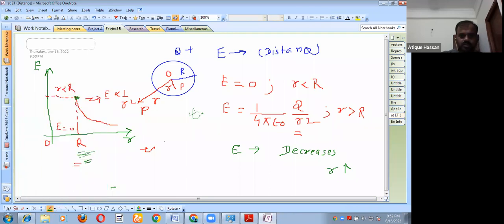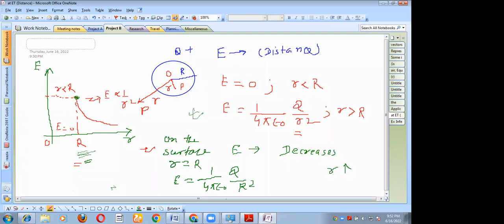On the surface, r equal to capital R, E will be equal to 1 by 4 pi epsilon naught Q by R.